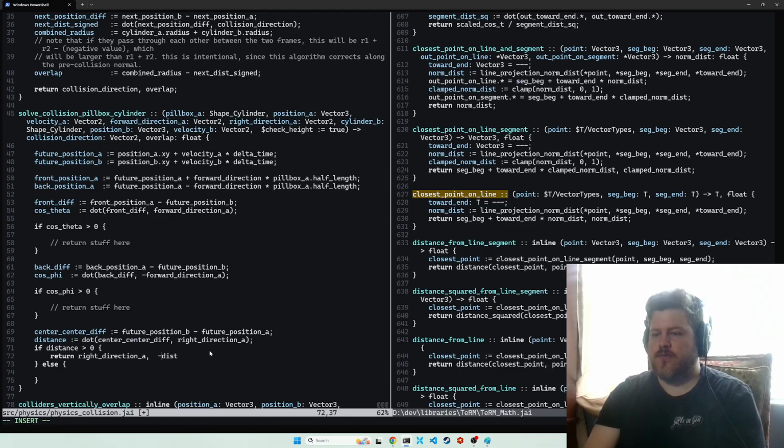Yeah, it's just negative distance minus, which has pillbox A dot radius plus cylinder B dot radius, which, if I spread it out, let's see, negative plus, so it's just these two minus the distance. Is that right? Yeah. Okay.